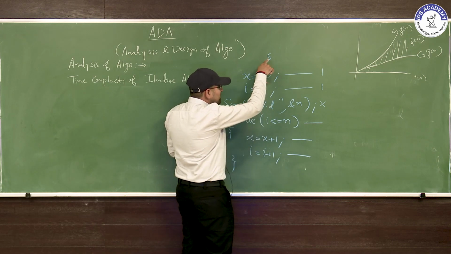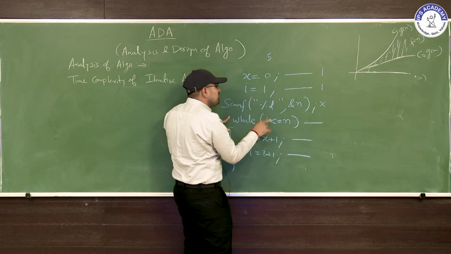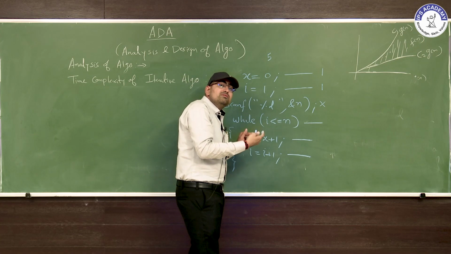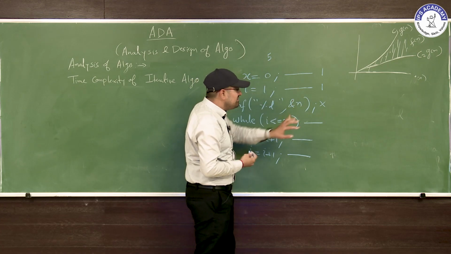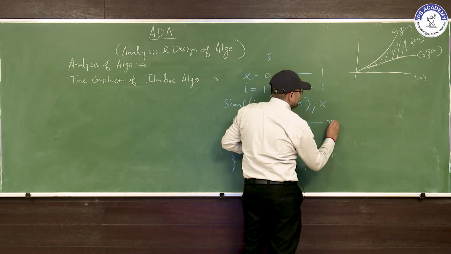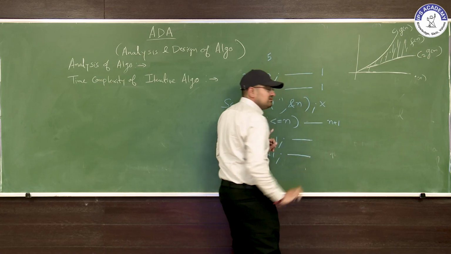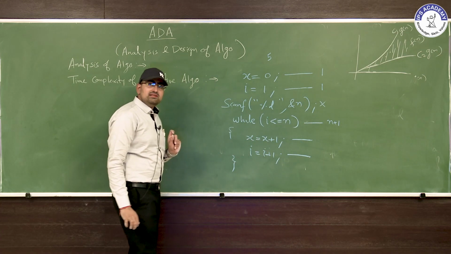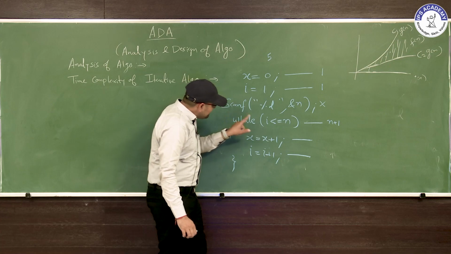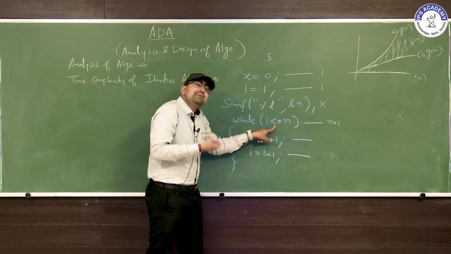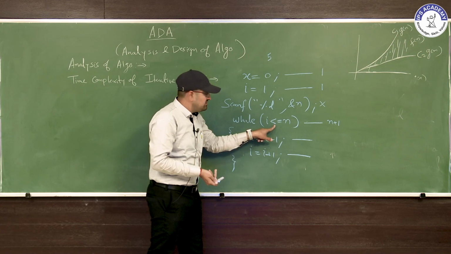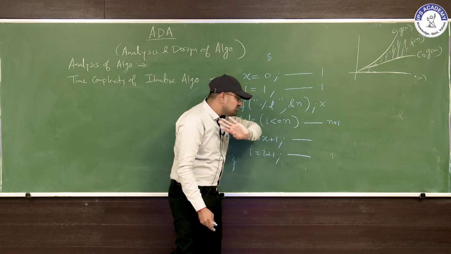So if the value of n is 5, it would be executed 1 more than 5, that is 6 times. So if the value is n, then it would be executed n plus 1 times. I hope it is clear, right? So as far as this condition is concerned, it is executed n plus 1 times.